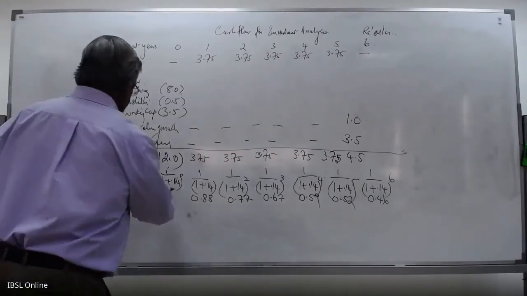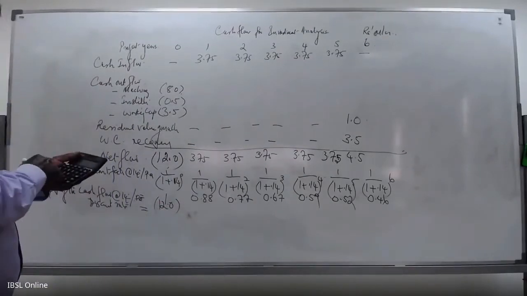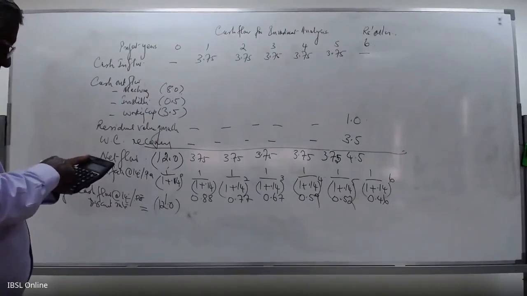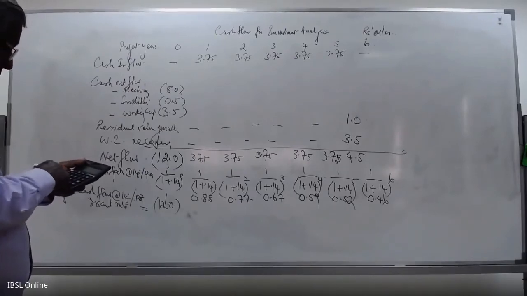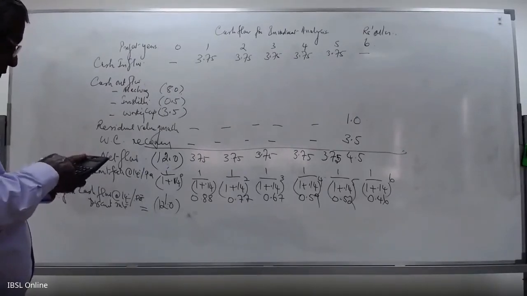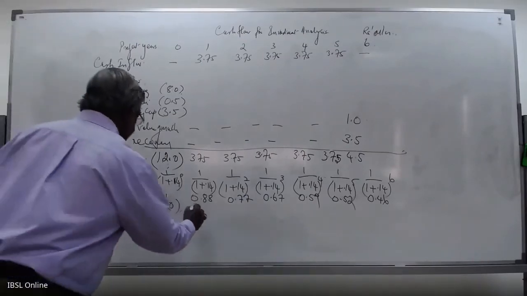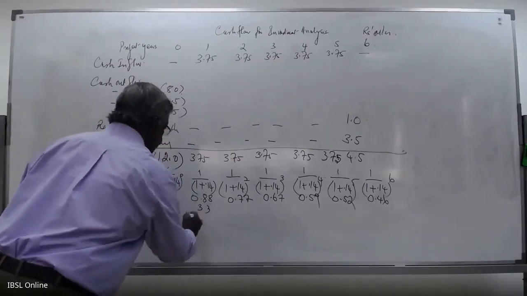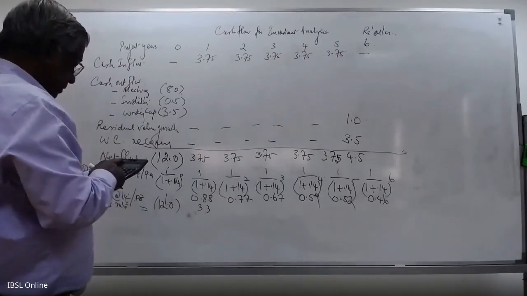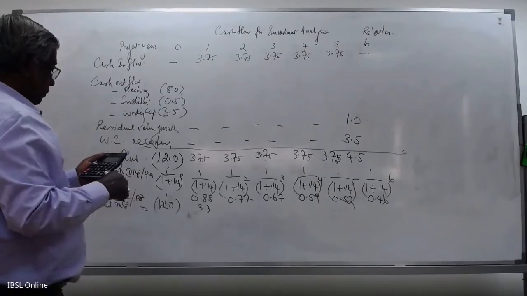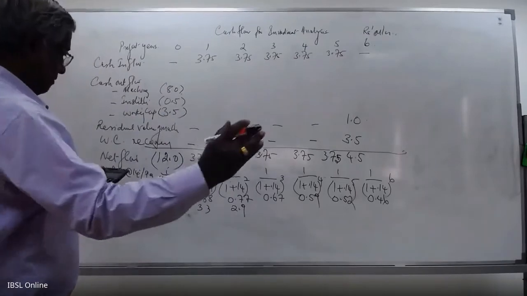So here, negative 12.0, then 3.75 into 0.88, that is 3.3, then 0.77 multiplied, giving 2.88 or 2.9, I say 2.9 to one decimal.